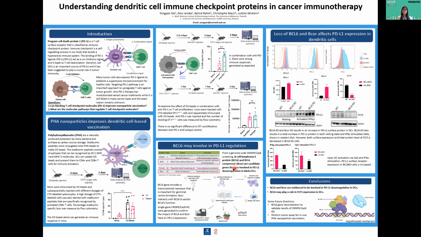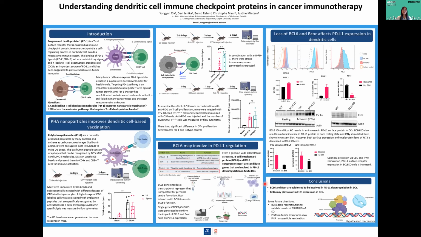Next, I will talk about my second question, which is about the molecular pathway that regulates PD-1, PD-L1. From a CRISPR-Cas9 screening experiment done previously by our lab member, we defined some candidate genes that might potentially be involved in PD-L1 regulation.